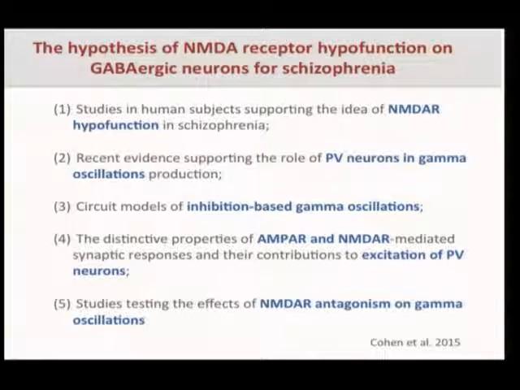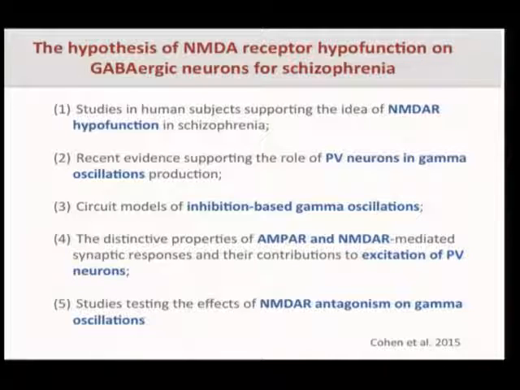One thing that is important to know is the hypothesis of NMDA receptor hypofunction on GABAergic neurons in schizophrenia. There are studies in human subjects supporting the idea that there is an NMDA hypofunction in schizophrenia. It's more related to dysfunction than to the number of the receptors, for example, an imbalance between some subunits of NMDA receptors.